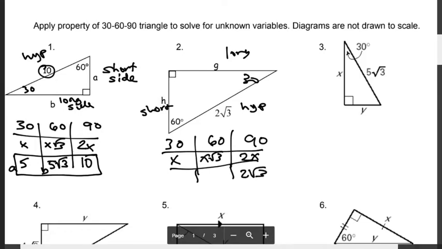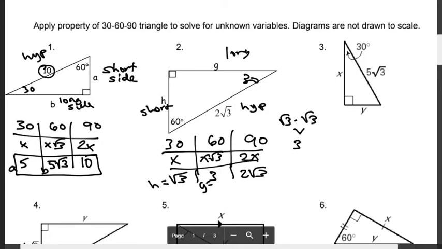To figure out what 30 degrees is, it's going to be half of this 2 radical 3, so that's just going to be radical 3. And then for my 60 degrees, I got x radical 3. My x is radical 3, so radical 3 times radical 3, you can plug that into your calculator, or you can easily see that that's going to equal 3. Those two radicals essentially cancel each other out. So in this case, g is going to equal 3, and then h is going to equal radical 3.